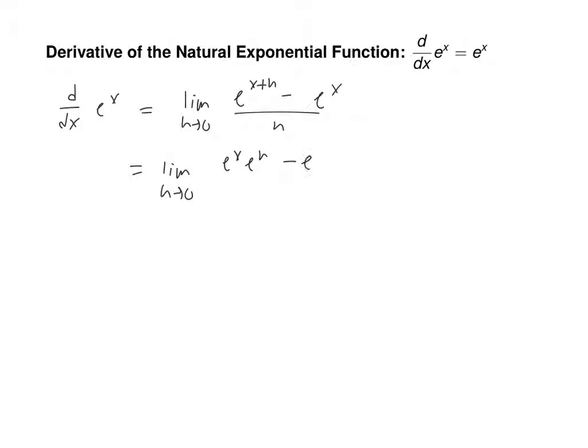And the technical way to prove that is to apply that limit definition. So it's e to the x plus h minus e to the x over h. And this is e to the x, e to the h minus e to the x over h.